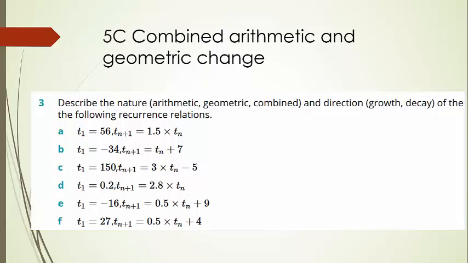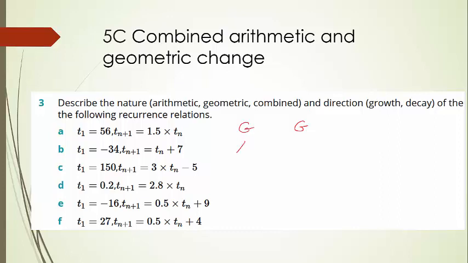You're asked to look at a recurrence relation and identify whether it's arithmetic, geometric or combined, and its direction. Is it growing or decaying? I'll do a couple of them for you so you get the idea. In A, we're only multiplying, so that's going to be geometric, and the numbers are going to get bigger every time, so that's going to be an example of growth. It'll be decay if the multiplier was less than 1.